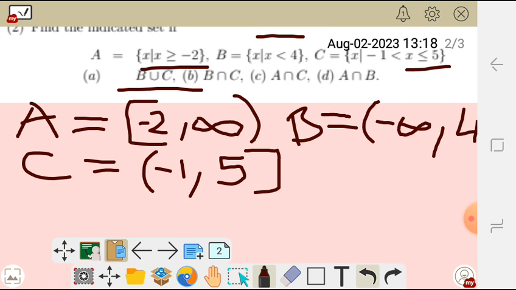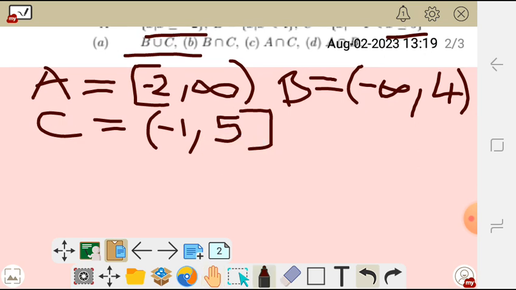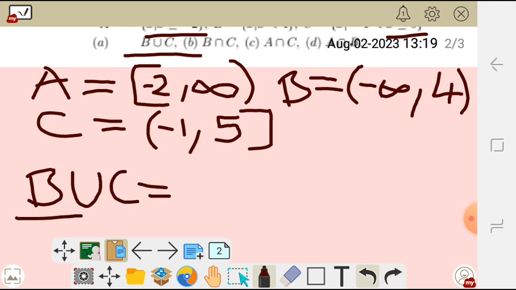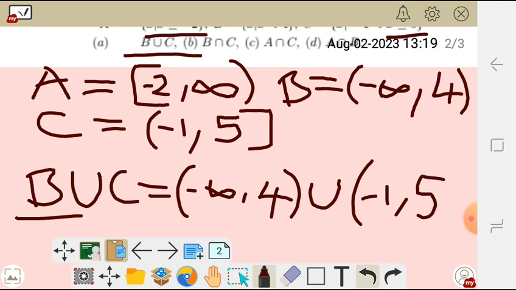For example, for A, we have B union C. To answer B union C, you simply replace B with its set, negative infinity, comma, 4, closed with a circle bracket, then the symbol for union, then C with its set, -1, comma, 5.